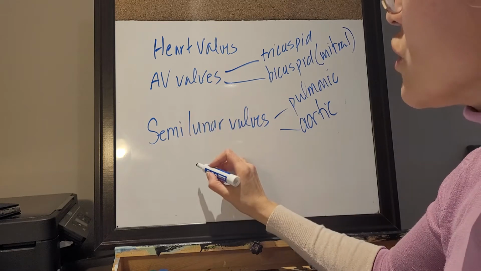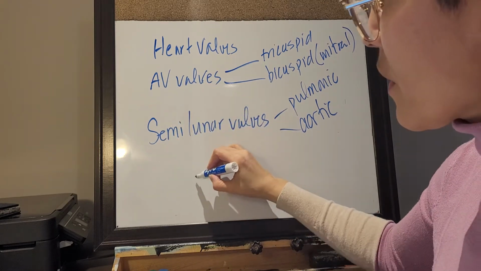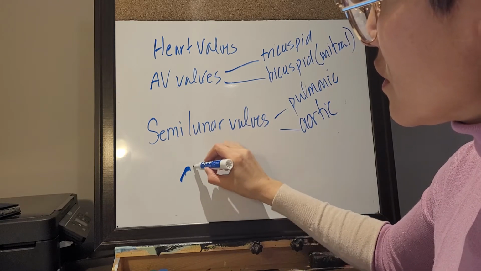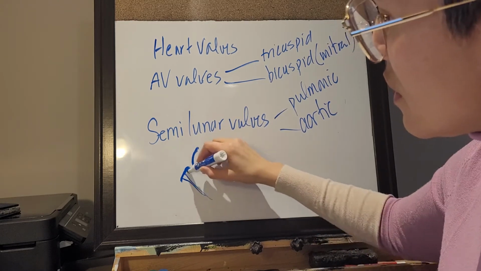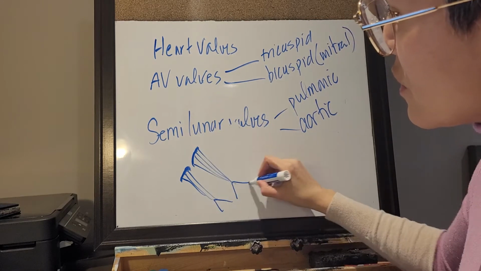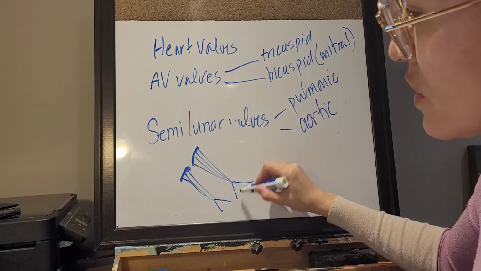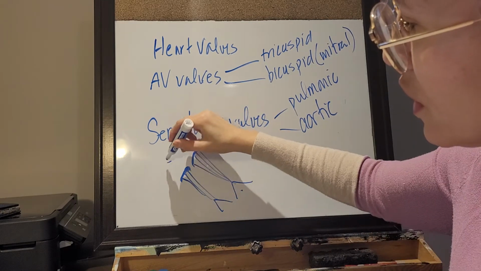The AV valves lie between the atrium and the ventricle. If I was to draw it like this, they function like little parachutes, and they're anchored to the bottom of the chamber. These are the chordae tendineae, and these are the papillary muscles.